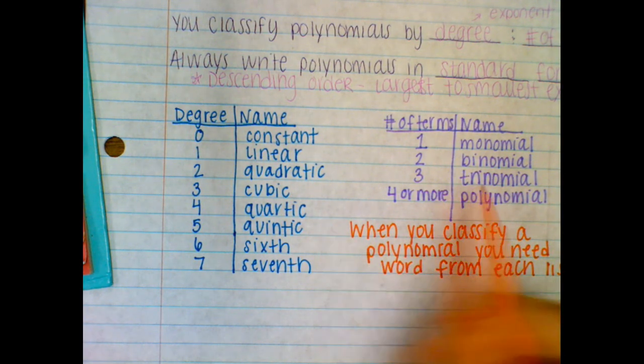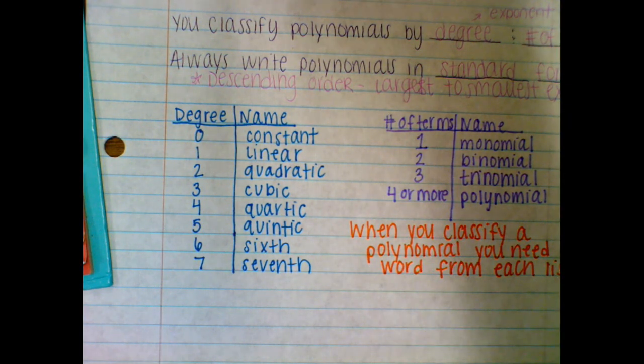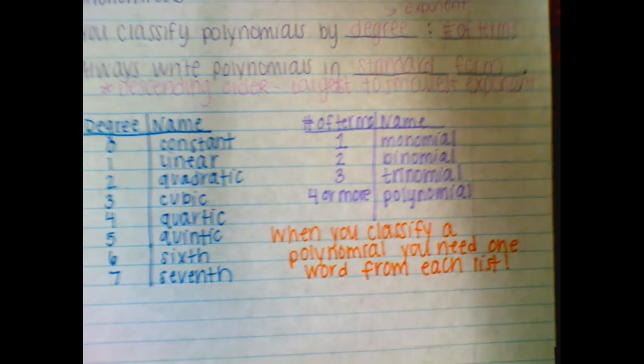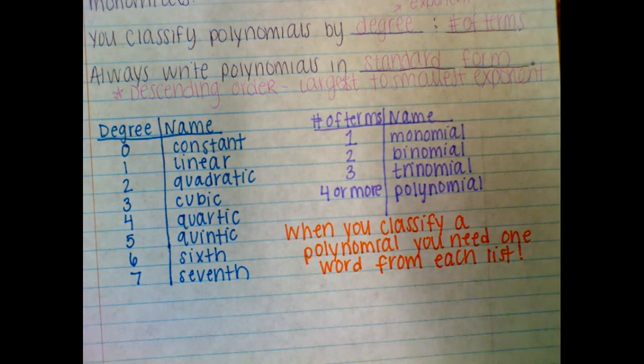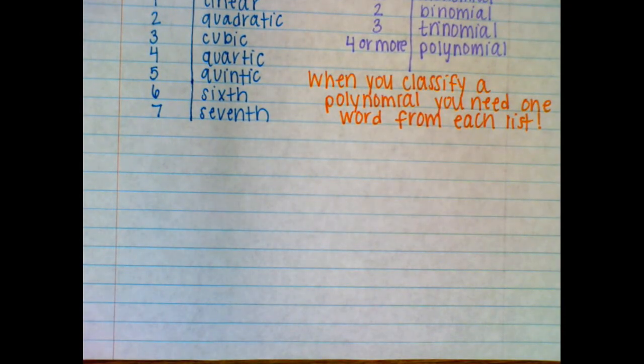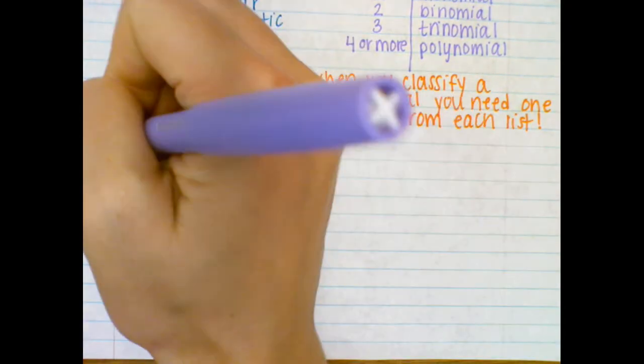So you need one from over here and one from over here. Okay, so now we're going to go over some examples to classify them before you practice. So examples.